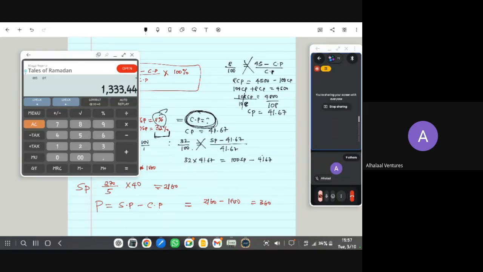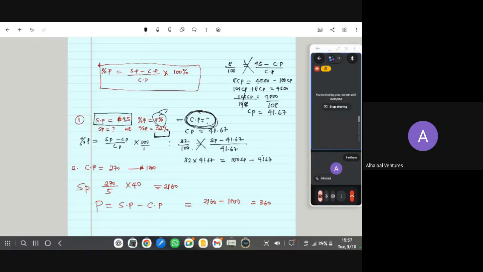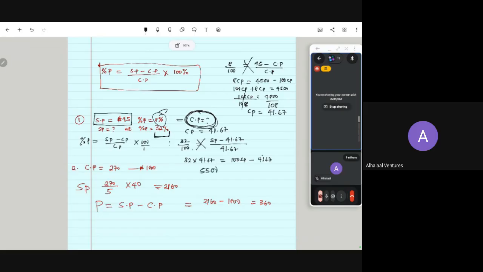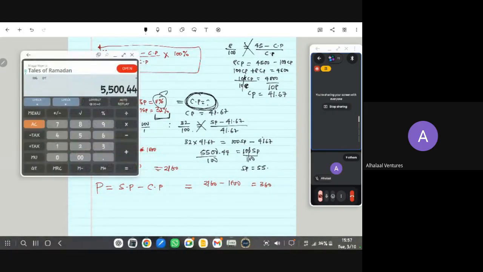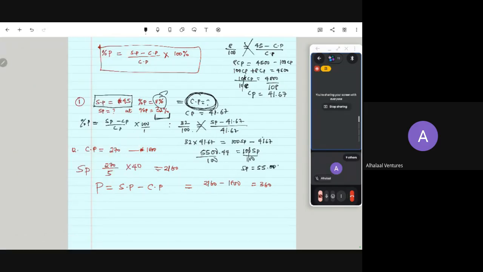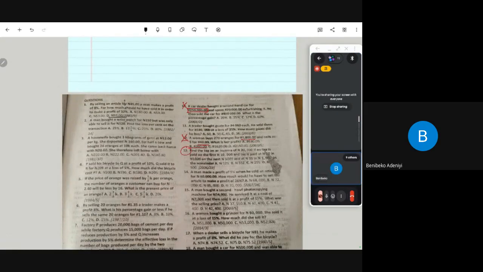If you add 4167 to it, it gives us 5500 something. 0.44 equals 100 SP. Divided by 100, divided by 100. And our SP is going to be equal to 55.0044. So to get a percent profit of 32%, the selling price should be 55 naira. For question 1, 55 naira.